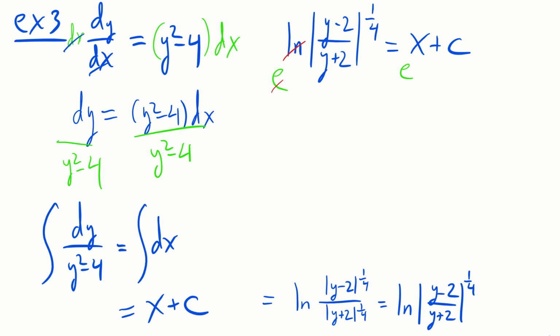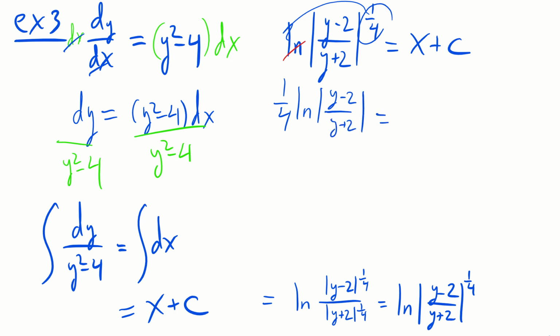Actually, probably even before that, let's bring the 1/4 out in front, sorry. There's no right or wrong way to do this, just kind of an easier way. That gives us 1/4 the ln of the absolute value of y minus 2 over y plus 2 is equal to x plus c.